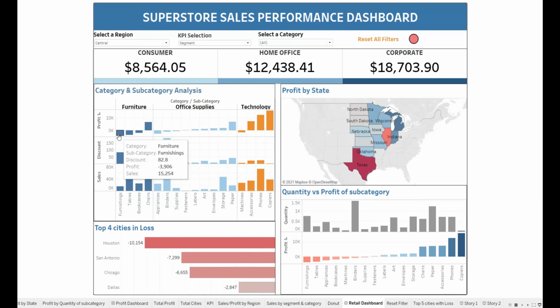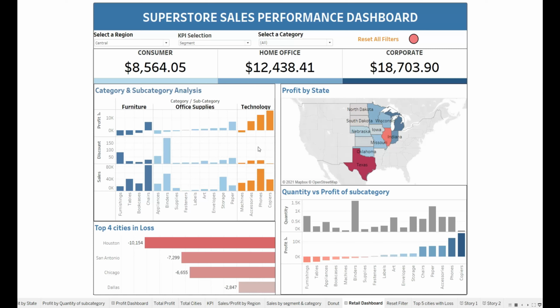We can see that furnishings, appliances, and machines have the highest amount of loss in each of the three categories, whereas chairs, paper, and copiers have the highest profit in each category. Overall, the technology category has the highest profit. So I would suggest to add more subcategories into the technology category to increase the profit.